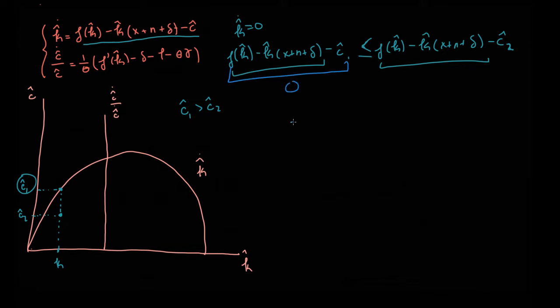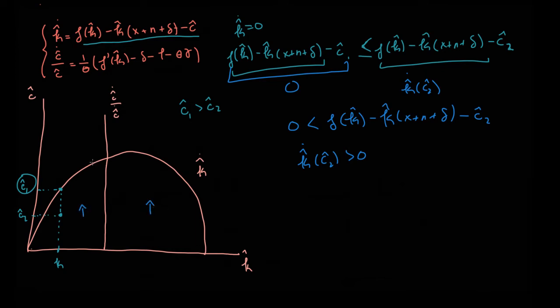So we can rewrite this as 0 is less than f of K hat minus K hat x plus n plus delta minus C hat 2. And this is actually K hat dot associated with the C hat 2. So turning that around, you get that the K hat dot at C hat 2 is greater than 0. And so what we found is that inside the K hat dot schedule, things go up, things go to the right. K hat is increasing, and outside it is decreasing.